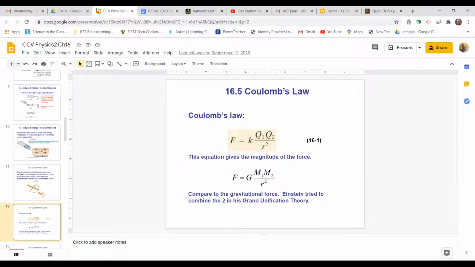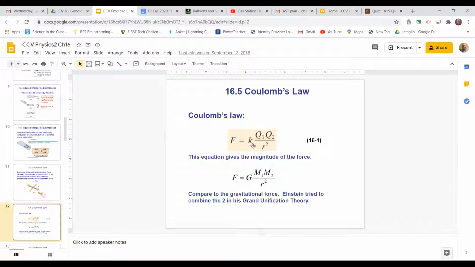And then as we take a close look, they're very similar. Gravity is a force of attraction between two masses, and it is inversely dependent on the distance between their centers squared. So this is the same thing. It depends on the two charges and the distance squared, so over r squared.